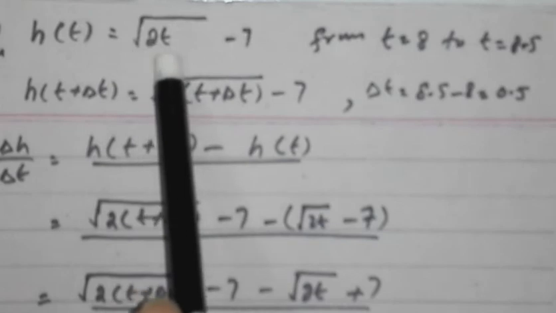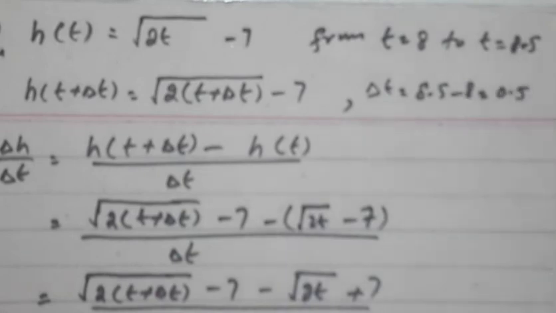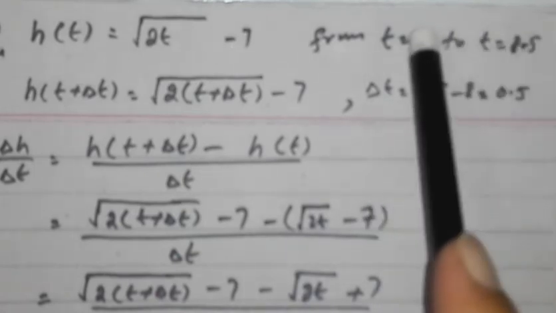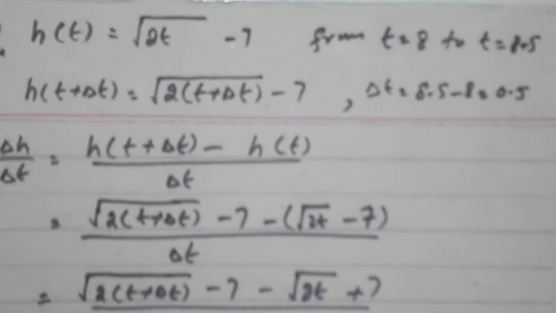Part D, h of t equals square root of 2t minus 7 from t equals 8 to t equals 8.5. So del t is equal to 8.5 minus 8, we get 0.5, and add the increment here, replace t with t plus del t, and now the average rate of change will be del h by del t.